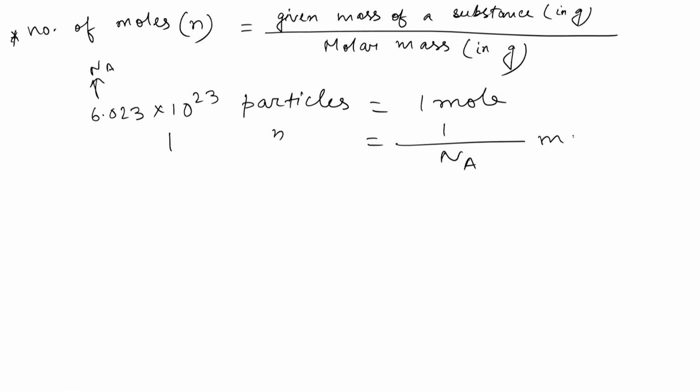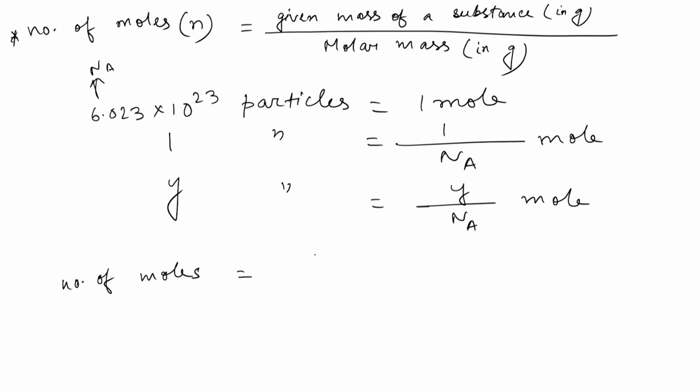So, if we are given Y particles, we can say Y by Na moles. So, the number of moles is also equal to the given number of particles divided by Avogadro's number. This is another formula.